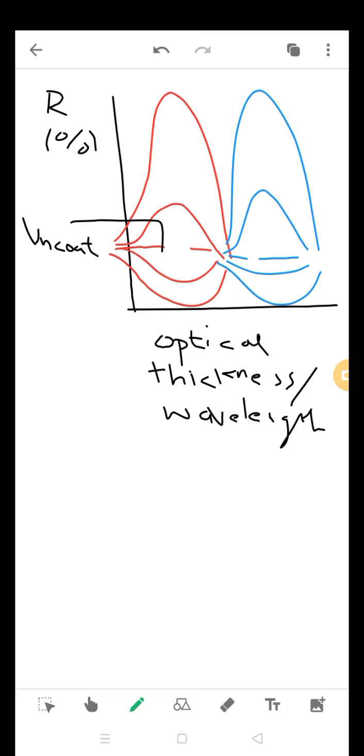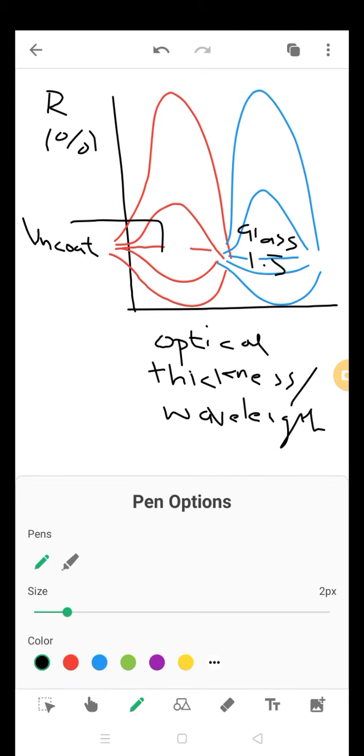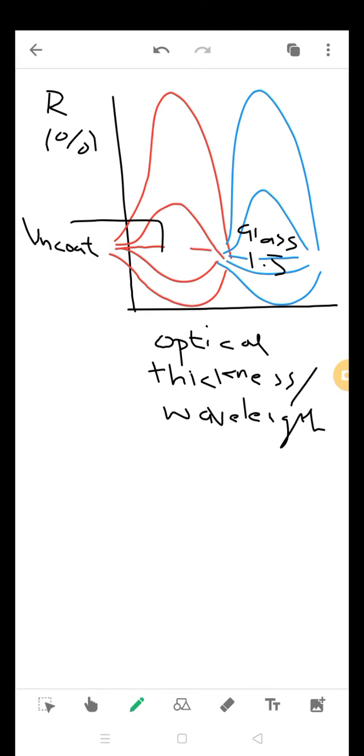And this is, for example, glass having a refractive index of 1.5. Basically what we are talking about here is a system that is an N1 refractive index system over an N0 refractive index system. So N0 here is actually equal to 1.5.